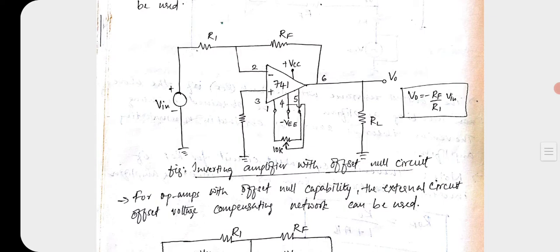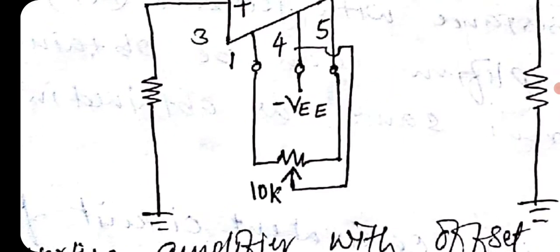So see this diagram, inverting amplifier with offset null circuitry. Offset null circuitry means this makes the output offset voltage null, means it makes it 0. V naught is made equal to 0 when there is no input applied or when the same input is applied. So which is that circuit? See this part.